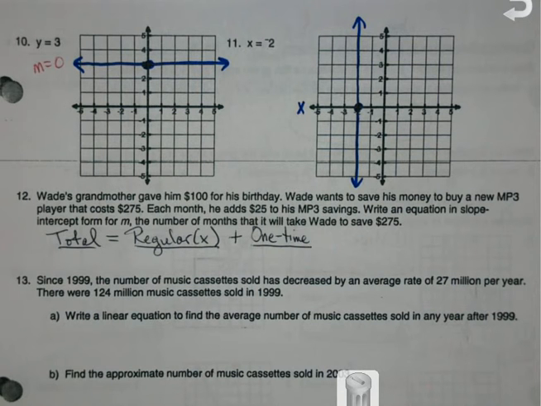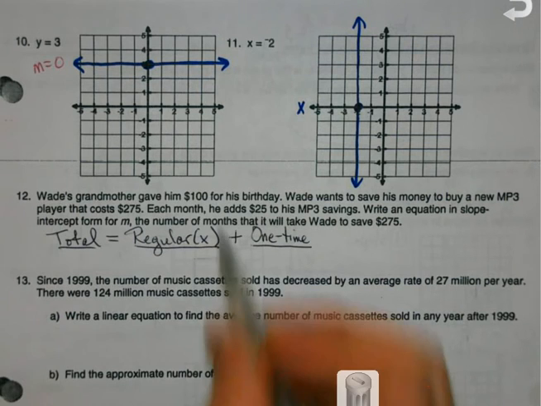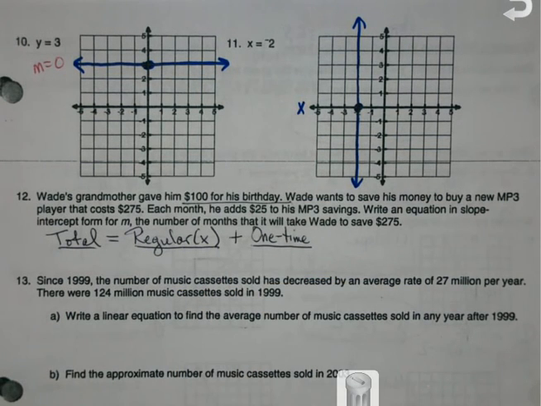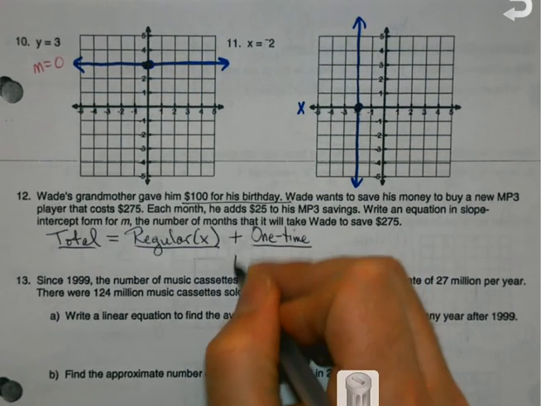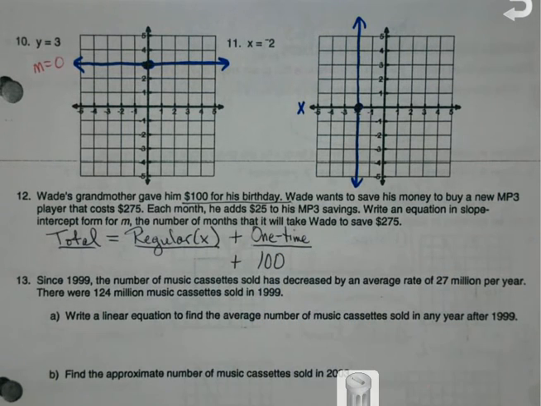So basically, we're going to be trying to figure out how long it is going to take Wade to save up this $275, given the information. Whatever happens one time, his birthday will happen once each year. So the $100 he gets is going to go on the end of my equation, the plus 100. It's not like he's getting $100 every week or every month. It's just on his birthday.